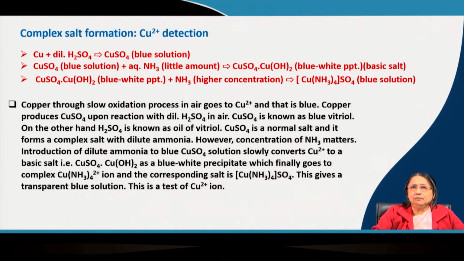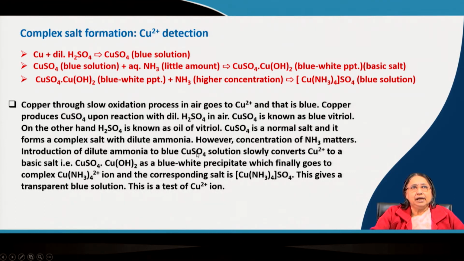Now, from the acid base chapter I told you that copper sulphate is a normal salt. It is neither an acid salt nor a basic salt, it is a normal salt, and it forms a complex salt with dilute ammonia. So, if you take some copper ion, say copper sulphate, and put the ammonia solution there, then depending on the concentration of ammonia, different reactions occur.